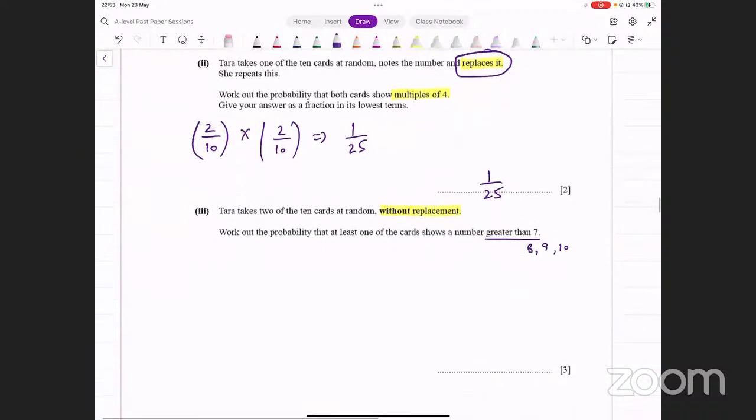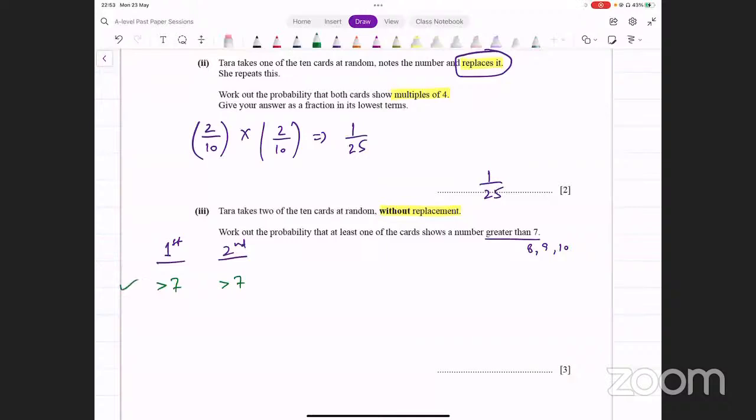So now let's think about the possibilities that we've got. अच्छा देखें, हम यहाँ पे list down कर लेते हैं. So let's say you got first card and you got second card. इसमें आप tree diagram बनाना चाहें वो भी कर सकते हैं. Tree बना के अगर आपको आसान लगता है, that's going to be okay. आप वैसे भी सोच सकते हैं कि क्या possible cases हैं आपके पास. अच्छा, एक possible case क्या हो गया? That the first is greater than 7 and the second is also greater than 7. दोनों 7 से बड़े हैं.